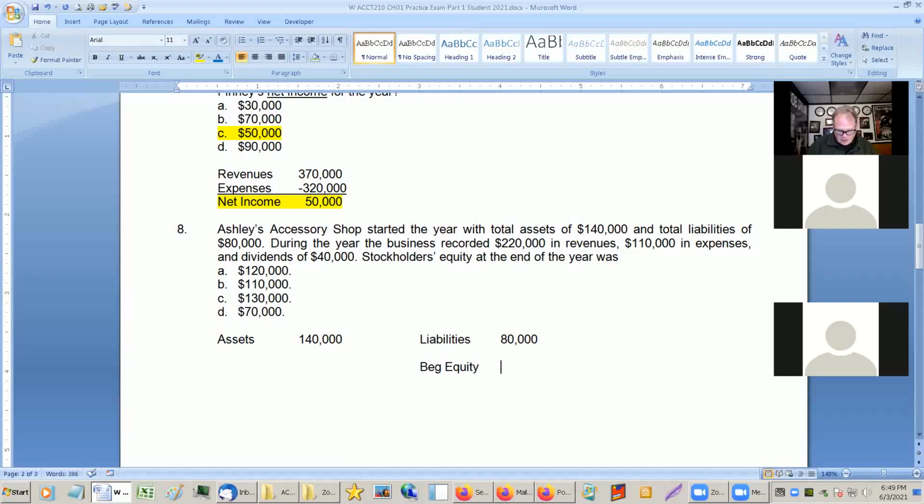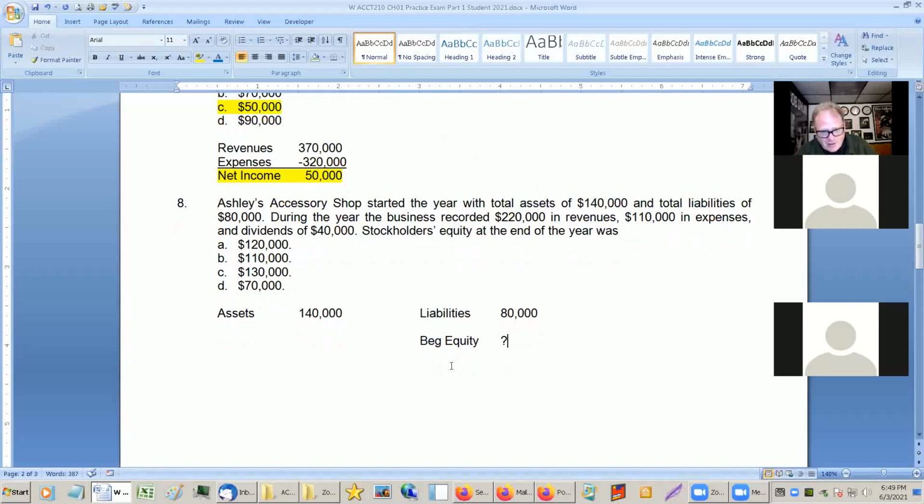They don't tell it to us, but we can figure it out because we know that both of these two sides have to equal. So if you have 140,000 of assets and 80,000 of liabilities, how much equity do you have? Well, take 140,000 minus the 80. So this is a calculated number. Is it 60?